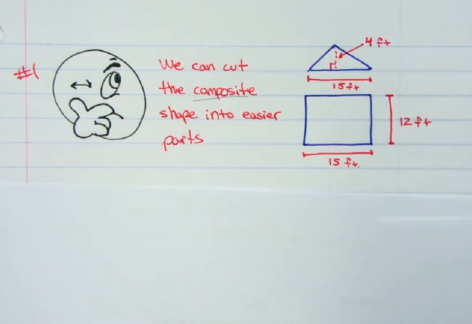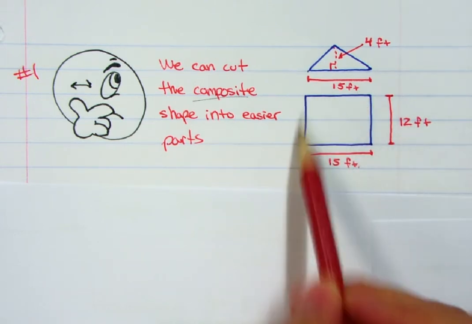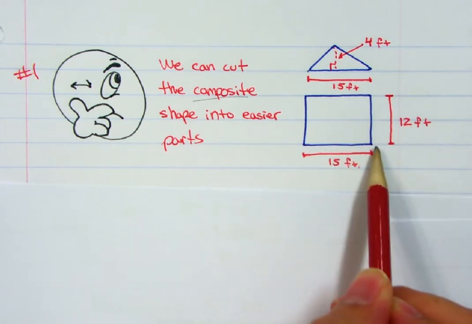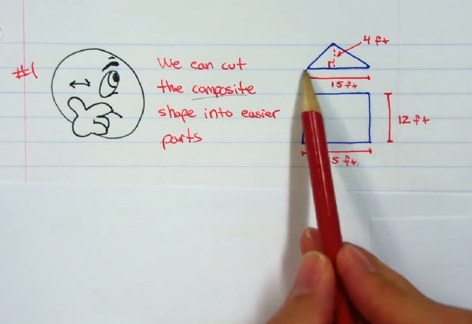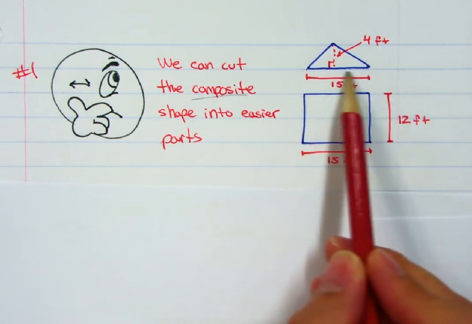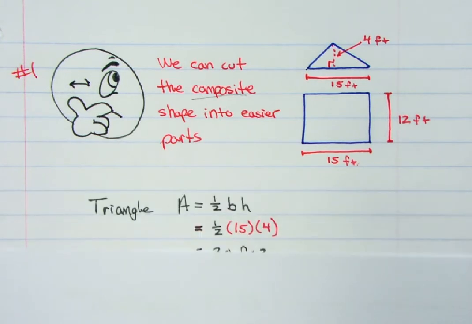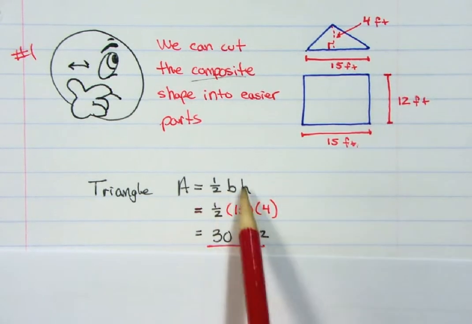Same thing here. Composite shape means that really this is kind of cut up into a rectangle, parallelogram, if you will, of 15 feet across and 12 feet high. And then the triangle that's sitting on top of it, that's also 15 feet across for its base, but is 4 feet high. Okay, great. And so I'm going to figure out the area of the triangle first. Area of the triangle is half base times height.